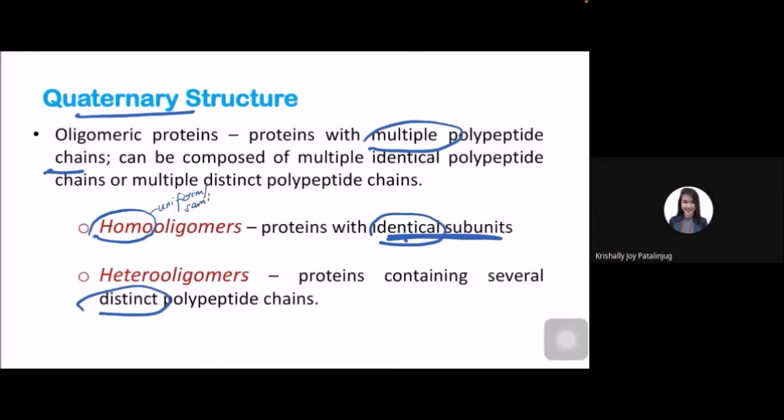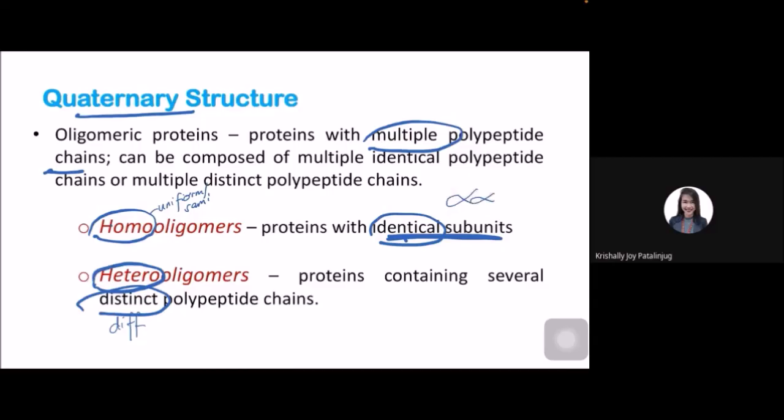Then, kapag naman ang isang protein containing several different, distinct means different, magkakaiba yung polypeptide chains nila, hetero naman yan. Yung ibig sabihin dito, halimbawa kapag identical, puro alpha.